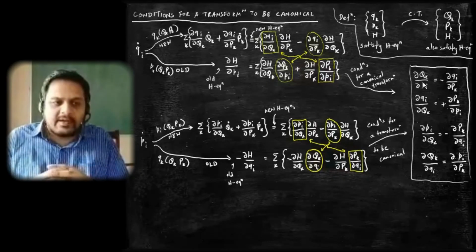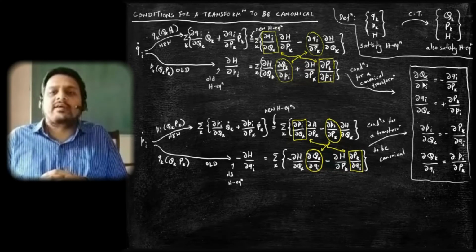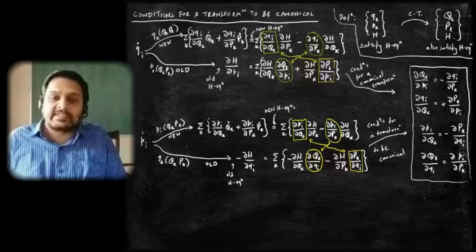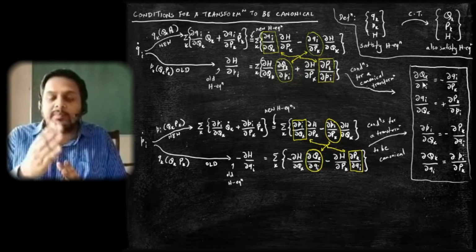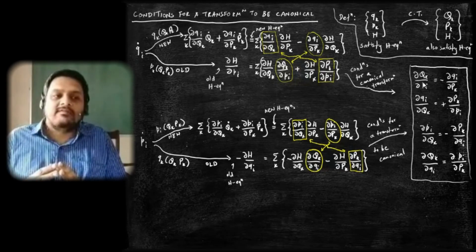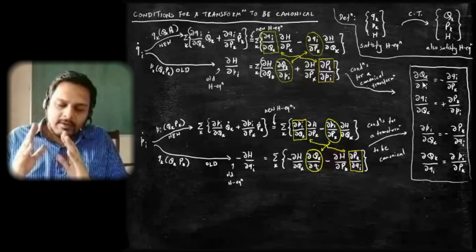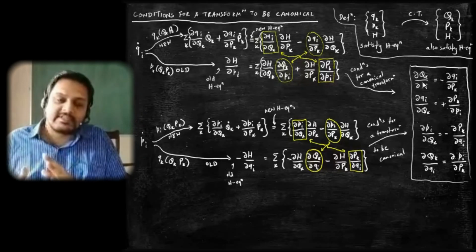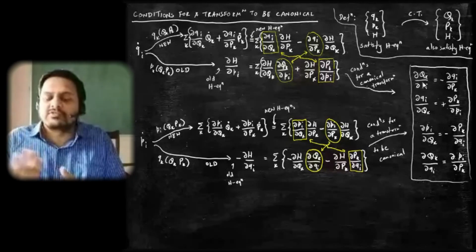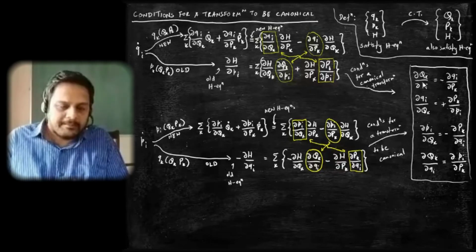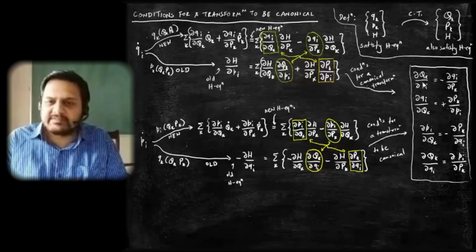Now we'll try to combine all of these things together in one single framework, and we will obtain a condition on the transformation properties of small q, small p and capital Q, capital P, which can be used easily to determine whether or not that particular transformation is a canonical transformation. And if it is a canonical transformation, it can be used in various ways. Okay. Is this part okay? Is there any question at this stage?